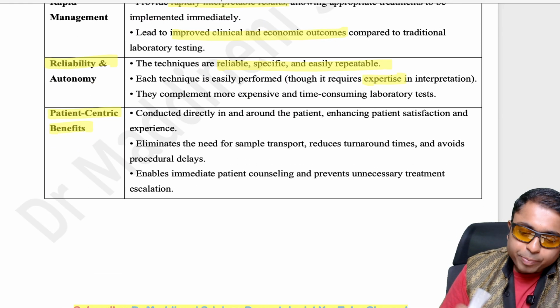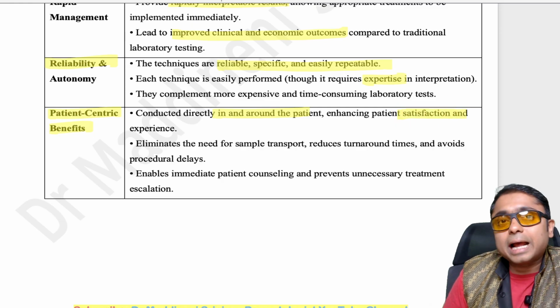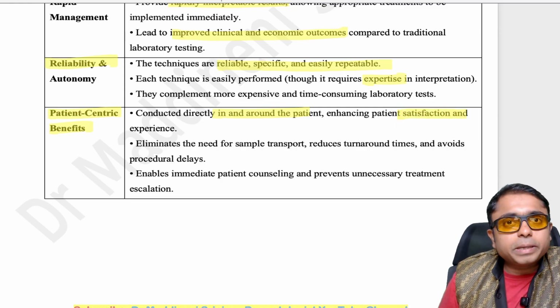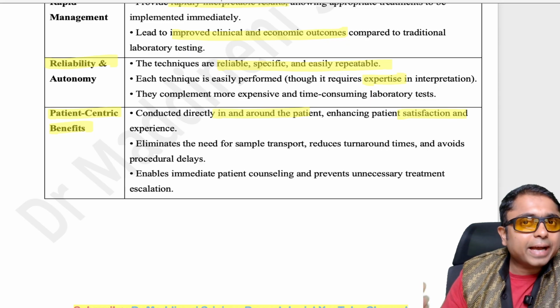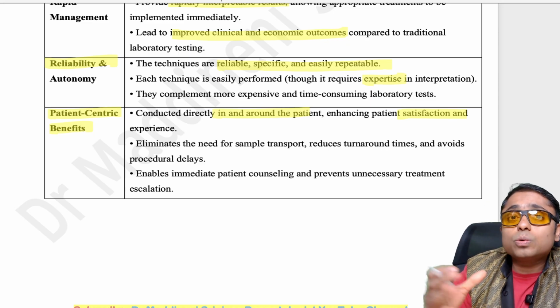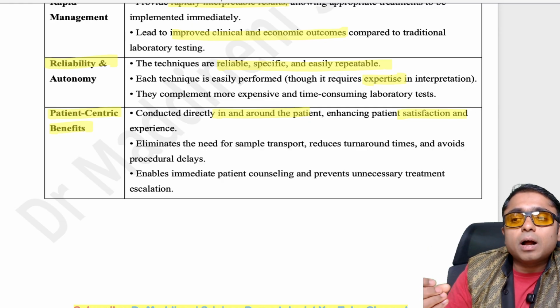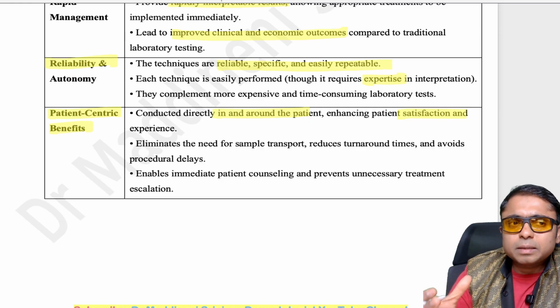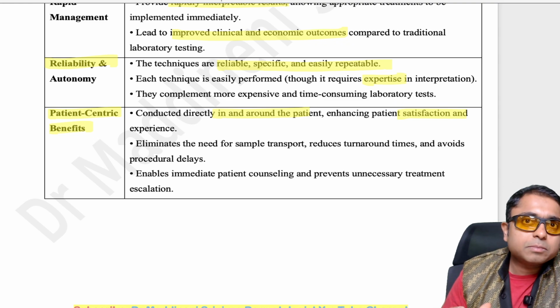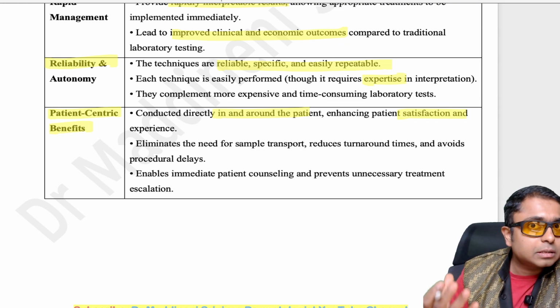Patient-centric benefit: it is conducted directly in and around the patient, enhancing the satisfaction and the good experience the patient gets. In your private practice, the patient will feel very happy that you have not just interacted, you have got a chance to touch the patient, and the patient may feel more secure and comfortable with the doctor's touch.